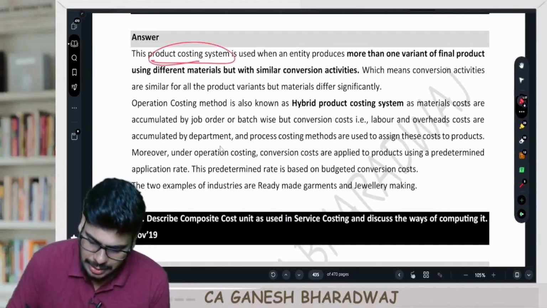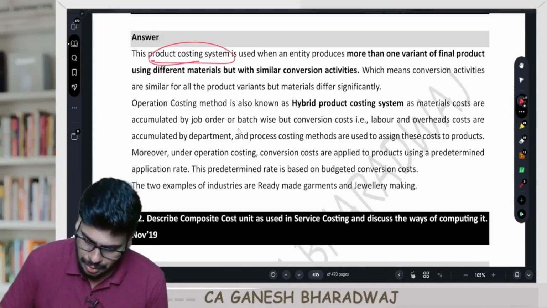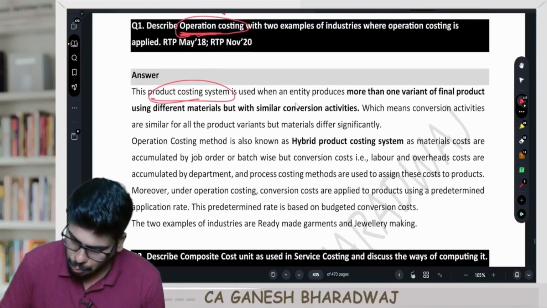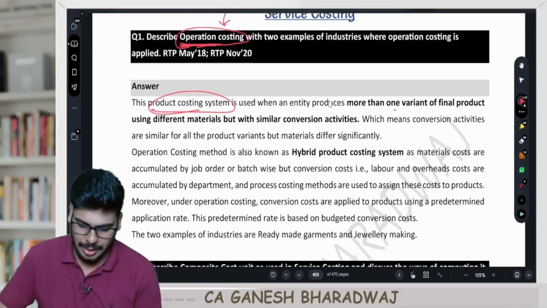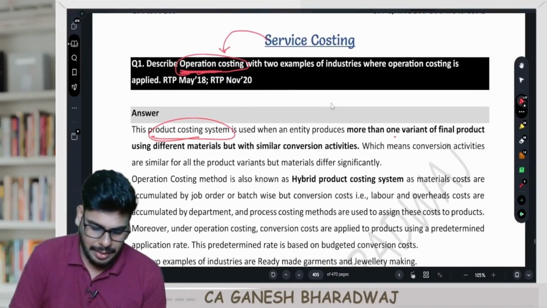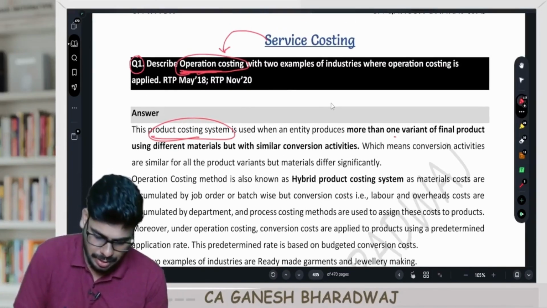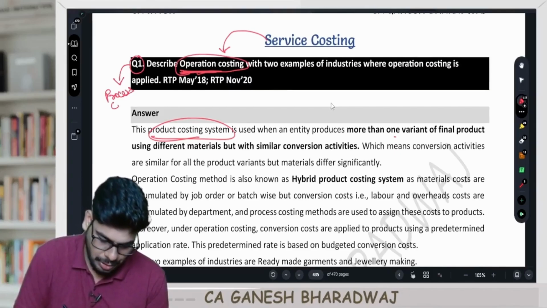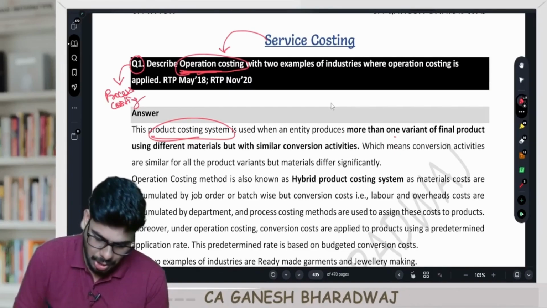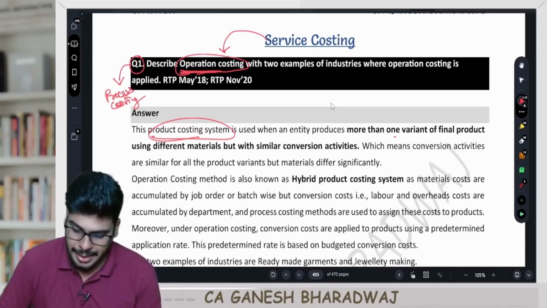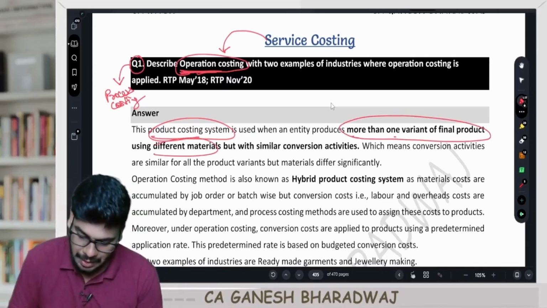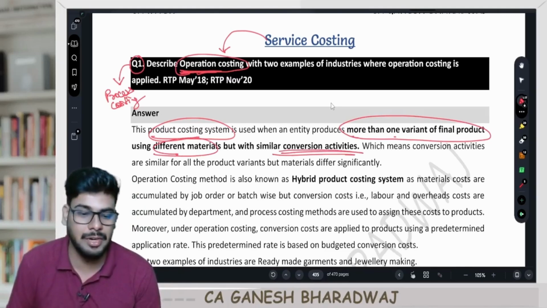It's a product costing system which is used when a company produces more than one variant of a final product. Okay, guys, I'm so sorry. Our DTP person has wrongly included this here. This should come under the process costing chapter only. It is used when an entity produces more than one variant of a final product using different materials but with similar conversion activities.